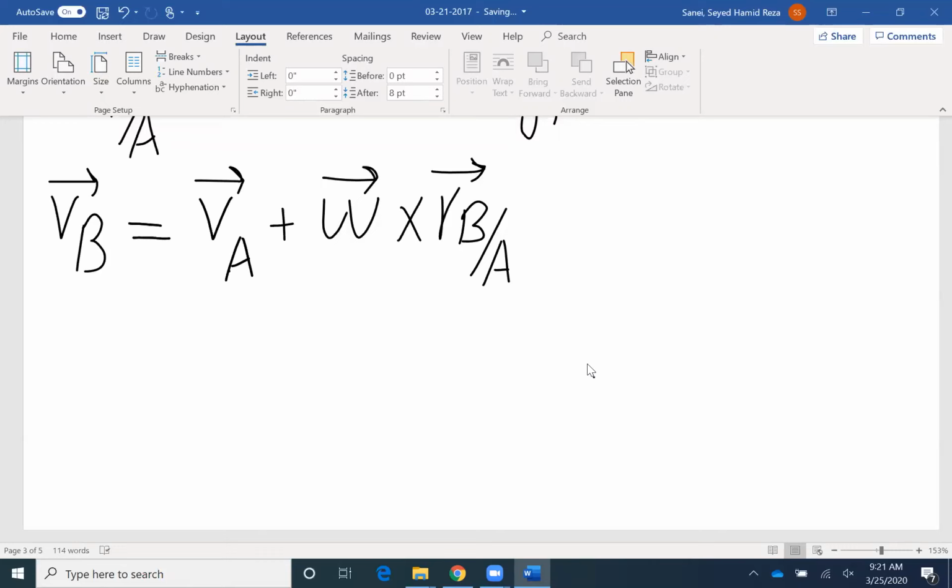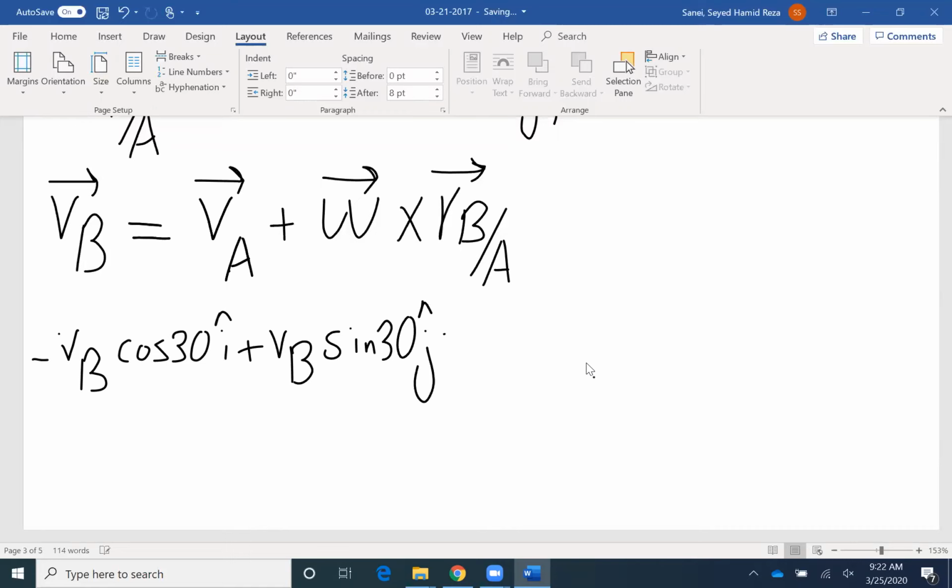So VB is negative VB cosine 30 I plus VB sine 30 J equals VA, which was negative 3J.